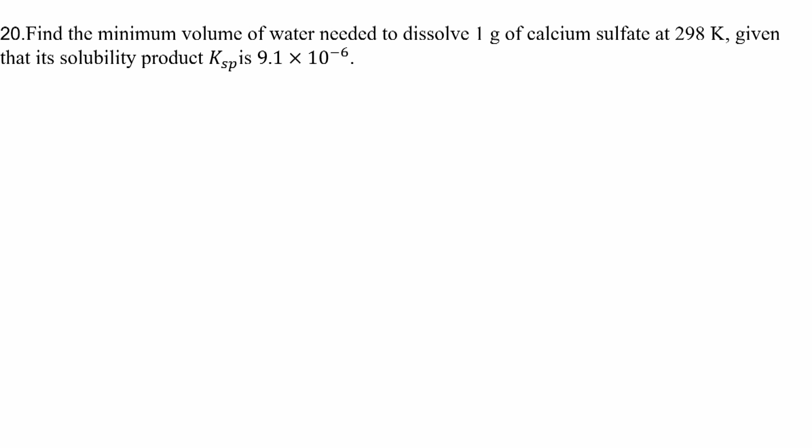Next, we move to problem number 20. It says find the minimum volume of water needed to dissolve 1 gram of calcium sulfate at 298 K, given that its solubility product Ksp is 9.1 times 10 to the minus 6.